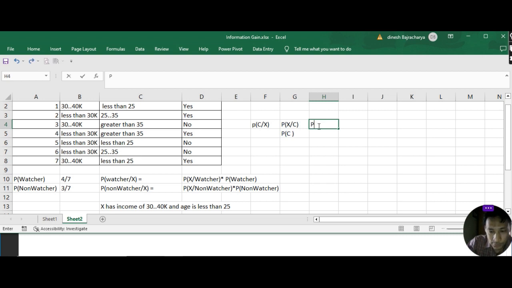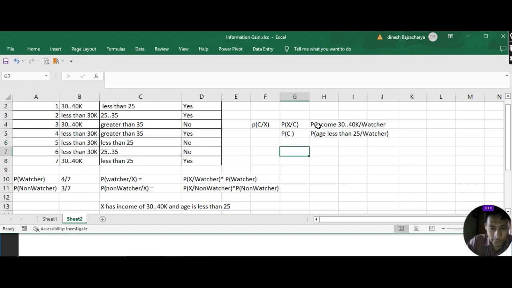So we have to calculate the probability of income 30 to 40k conditioned on watcher, and the probability of age less than 25 conditioned on watcher.